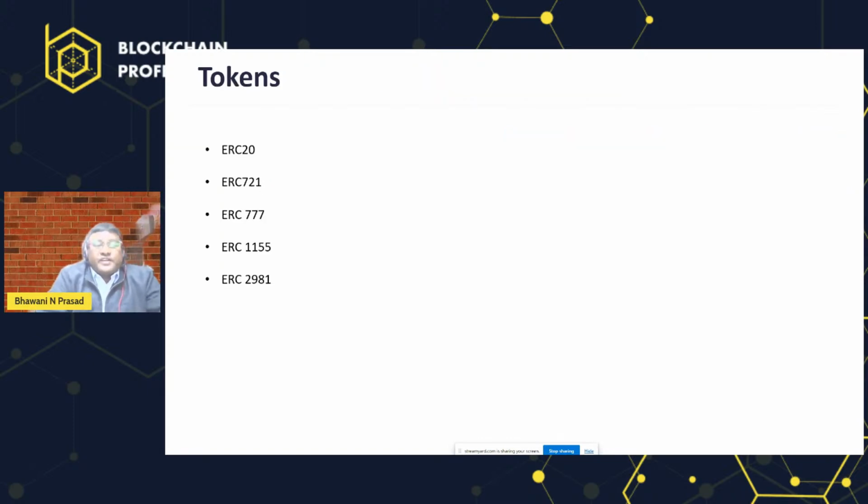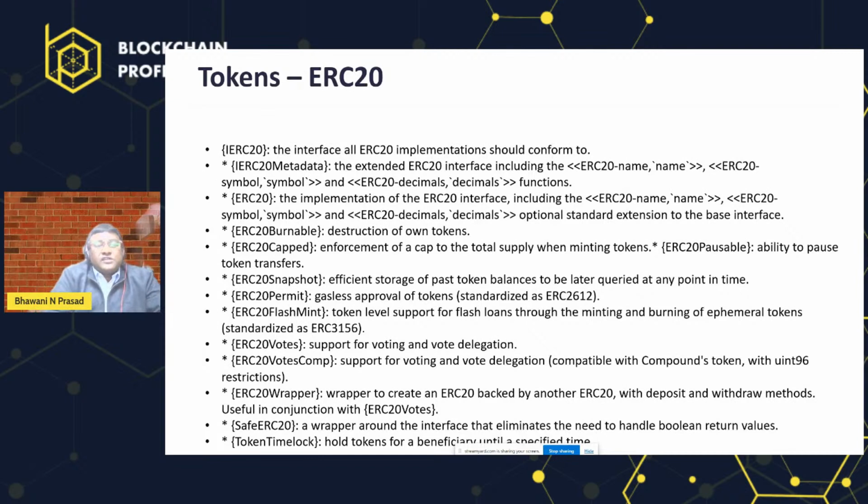Tokens, we discussed these. ERC20 is very popular, and other tokens we have are ERC721, ERC777, ERC1155, 2981. ERC20 is the main interface that all implementations should conform to. ERC20 metadata is an extended ERC20 interface, including the name and symbol.